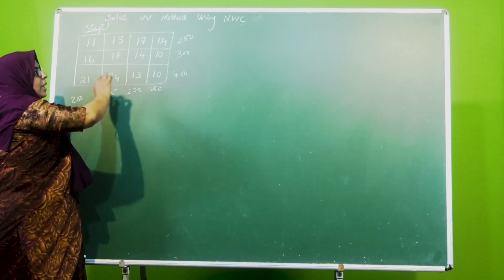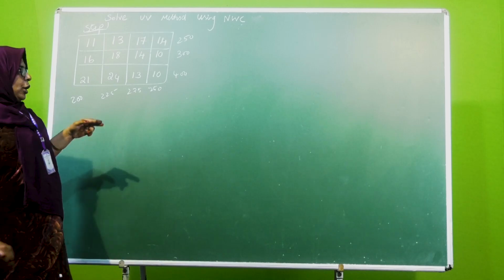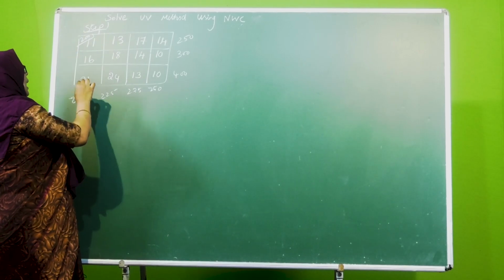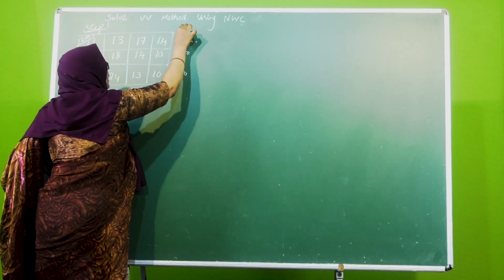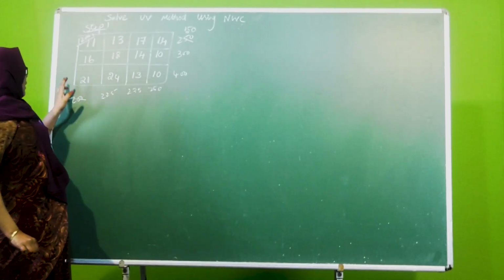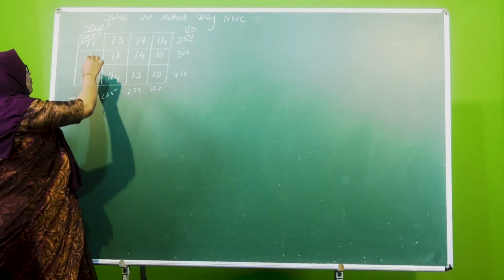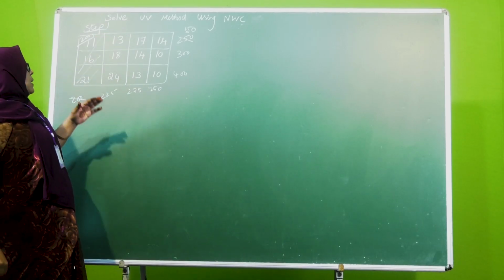The minimum of 250 and 200 is 200, so we allocate 200 in step 1 and subtract 250 minus 200. We get 50, and the first column is vanished. Step 2.